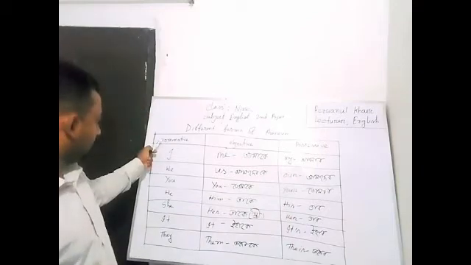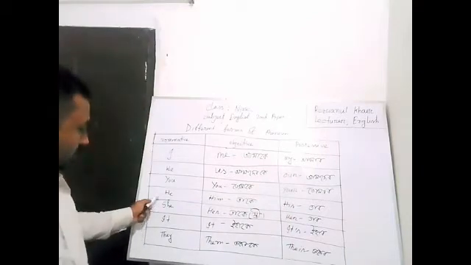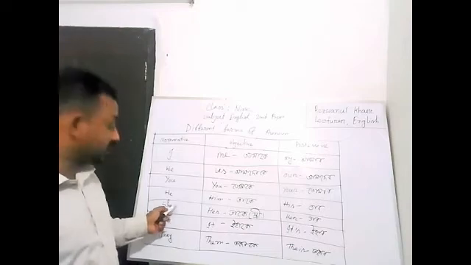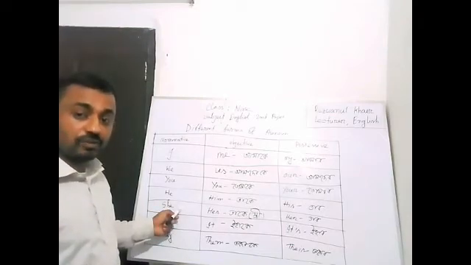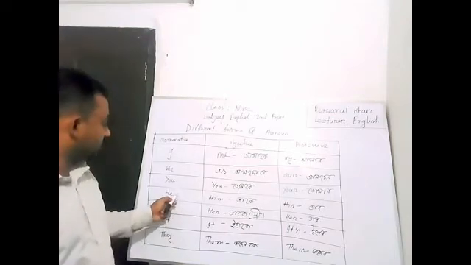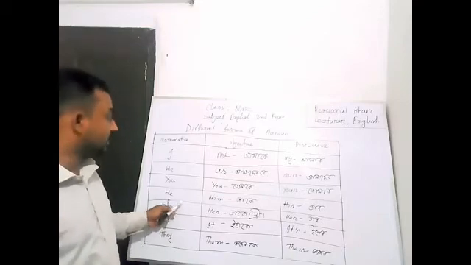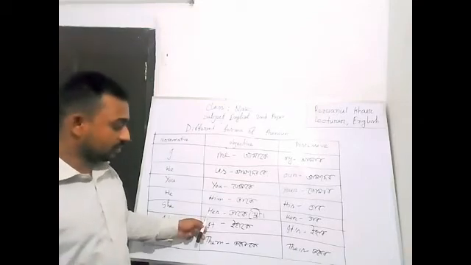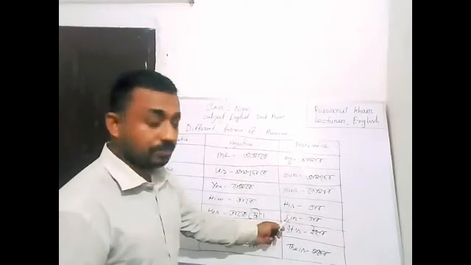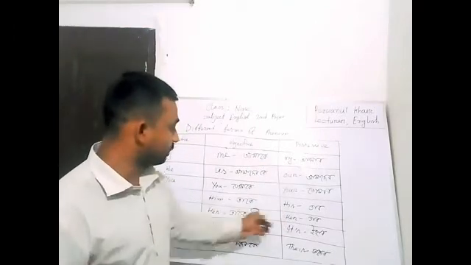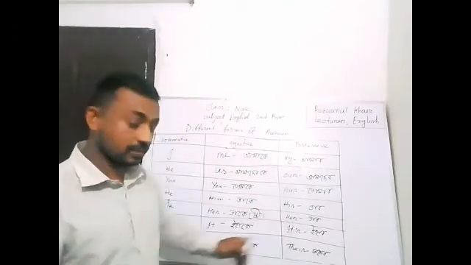Now she: he is masculine, she is feminine, and its object is her, possessive the same, her. Objective and possessive are the same, her, but in nominative it is she.